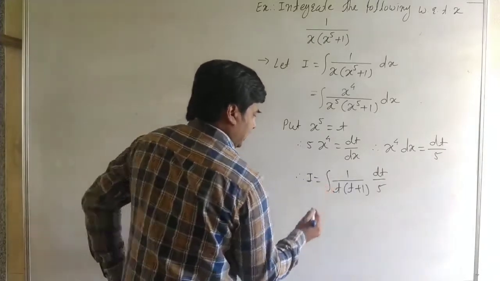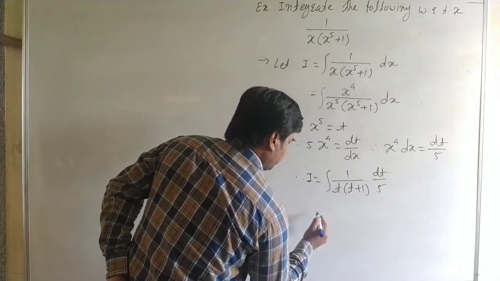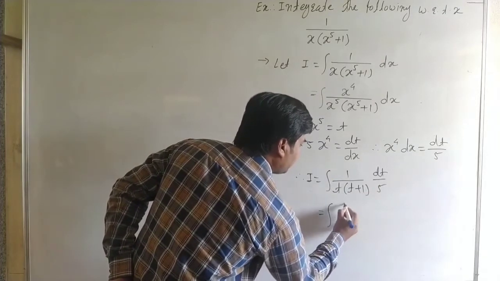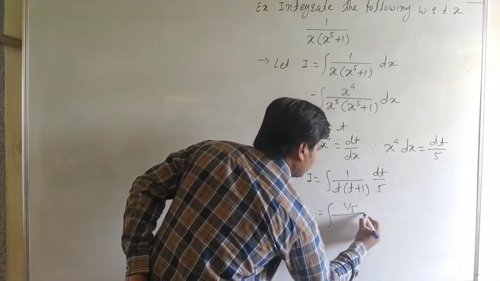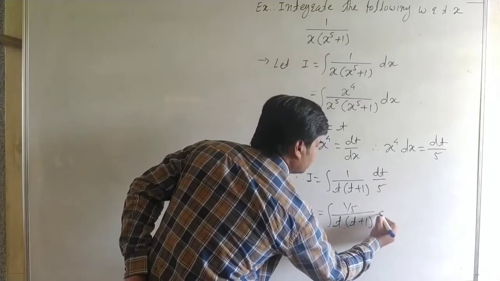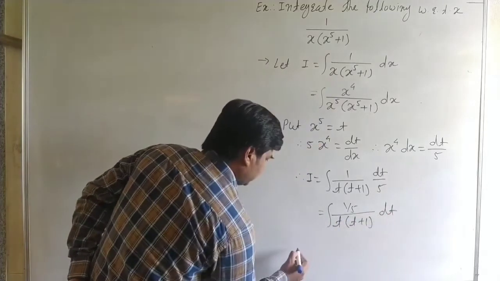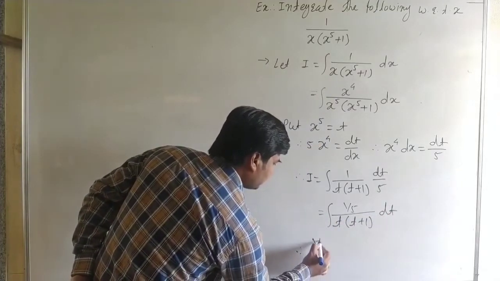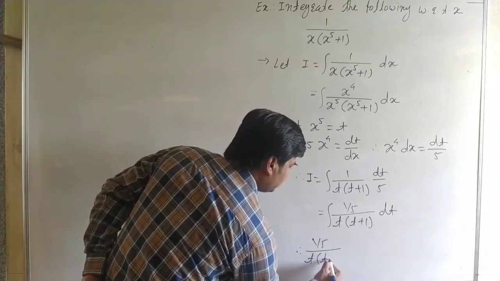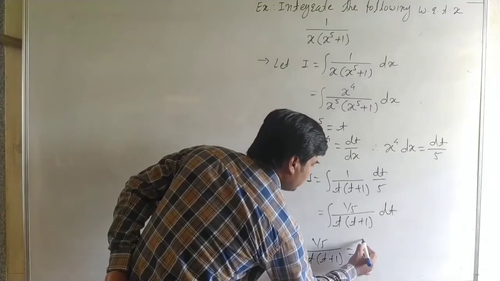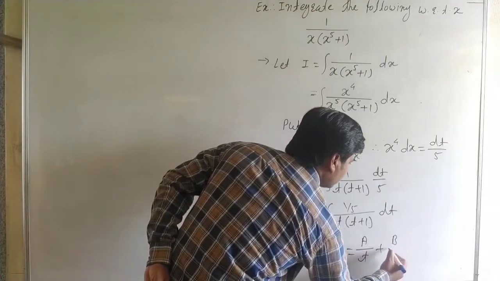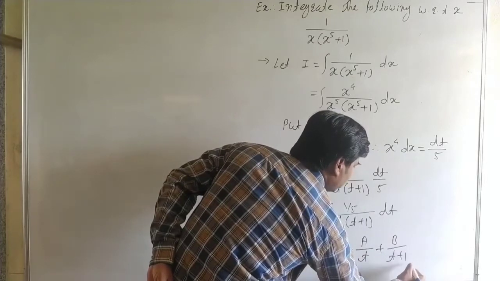Now here it is 5. Therefore this can be written as integral of 1 by 5 upon t into t plus 1 dt, and therefore 1 by 5 upon t into t plus 1 is equal to a upon t plus b upon t plus 1.